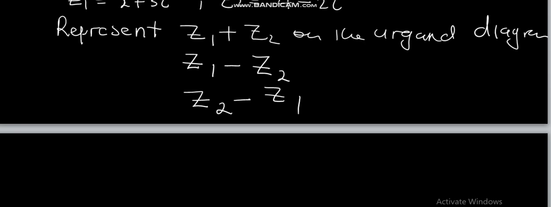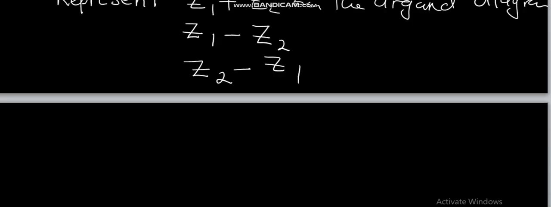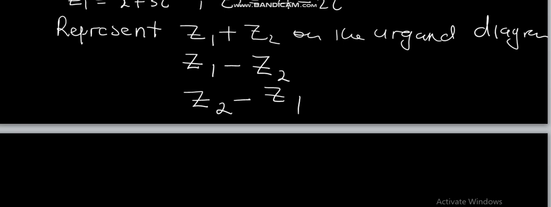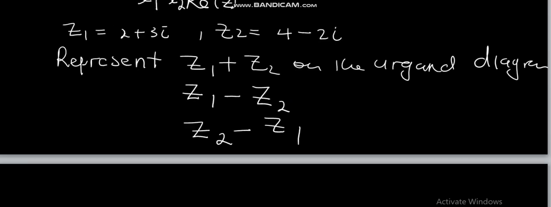Hello everyone. In the last video we looked at how we can add complex numbers on an Argand diagram, and we had our example, which is z1 is equal to 2 plus 3i and z2 is equal to 4 minus 2i.